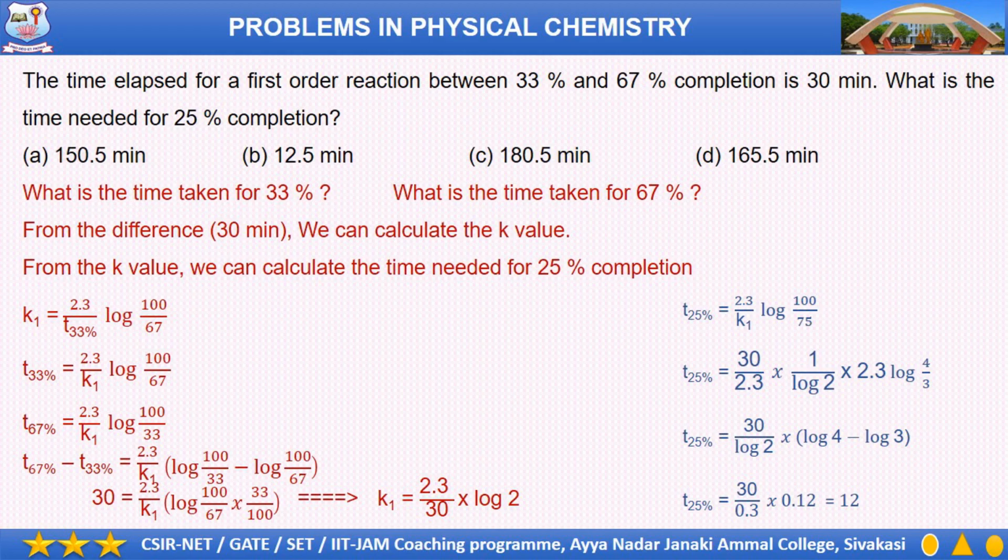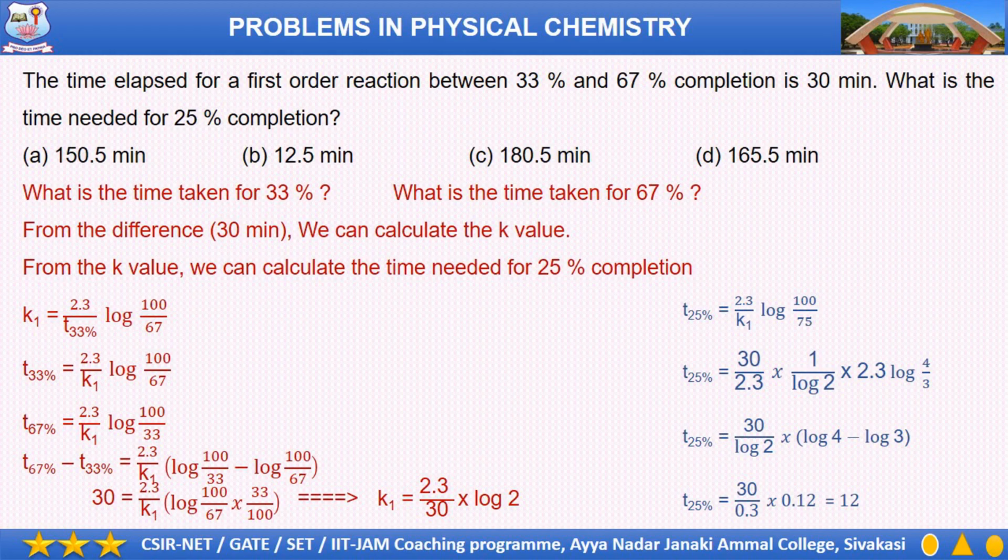2.3 by K1 into log of 100 by 33. Which would require higher time, 67% completion or 33% completion? 67% requires higher time.